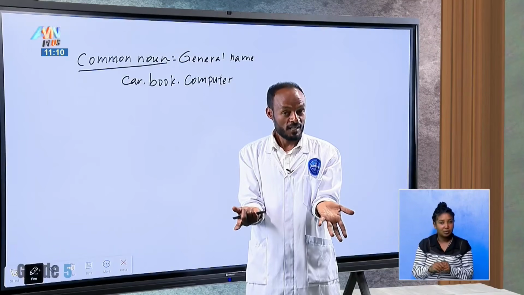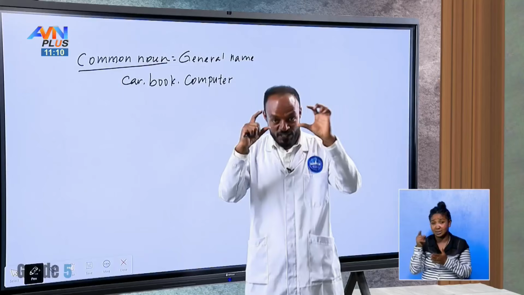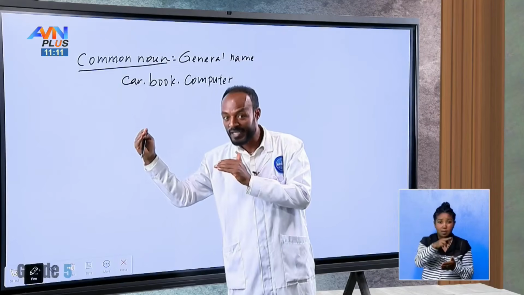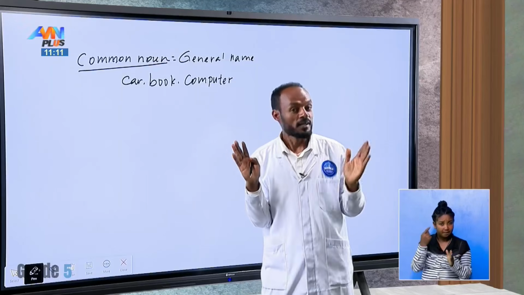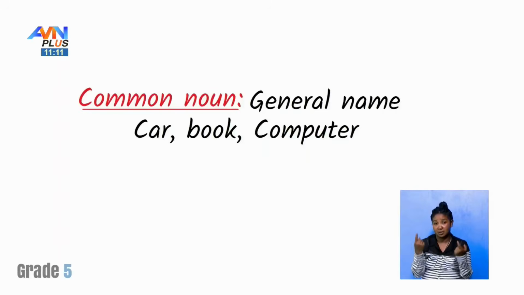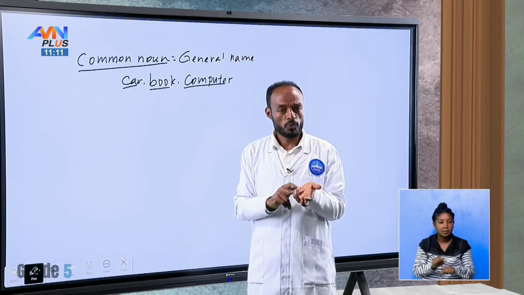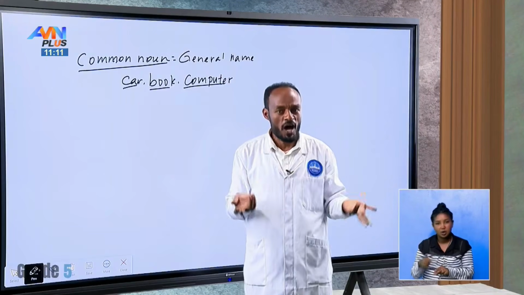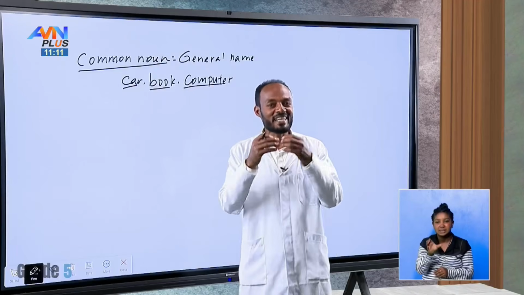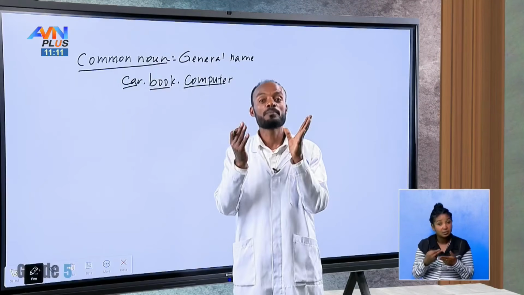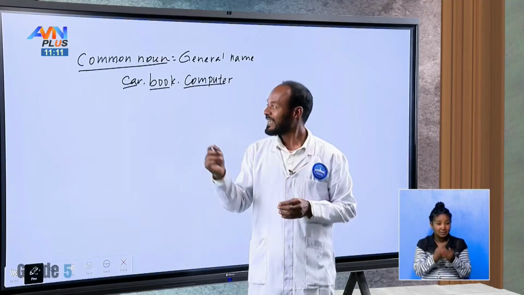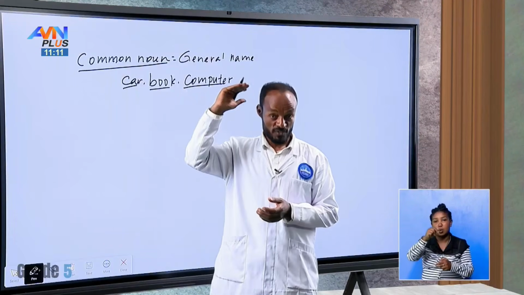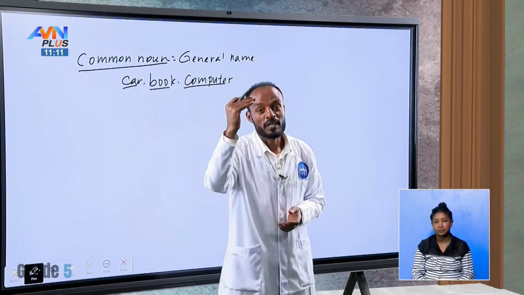I hope you understand the difference between proper noun and common noun. So such kinds of words, just like table, chair, house, city, country, these are what? Common nouns. But when we call specifically, that can be considered as a specific or proper noun.